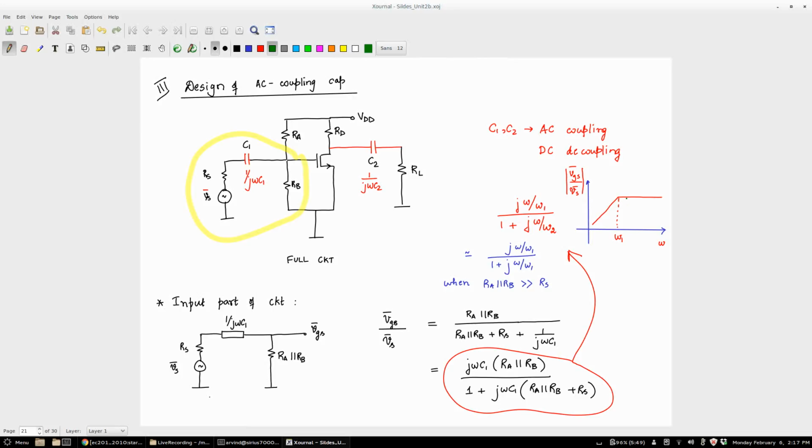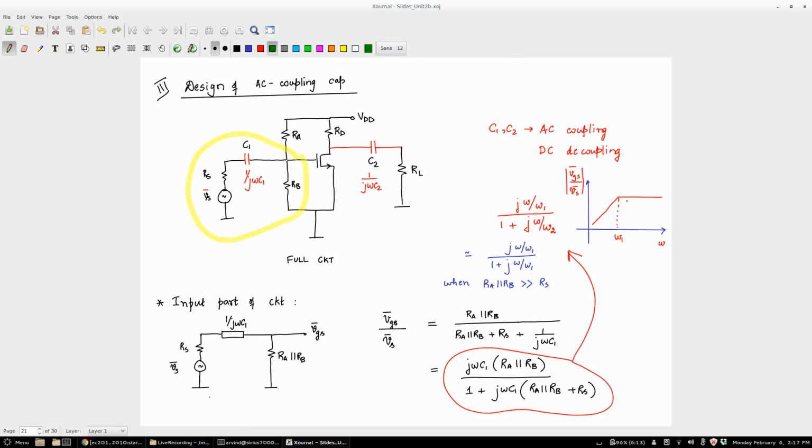Correct? What am I plotting here? On this side I am plotting the modulus of VGS divided by Vs. So here what is happening? It's basically telling us any signal which is greater than omega 1 will get coupled to the input and go into the small signal circuit, and anything less than omega 1 will be blocked.